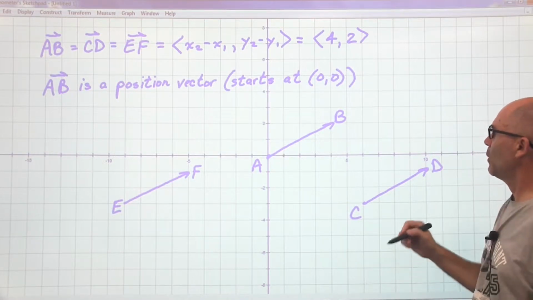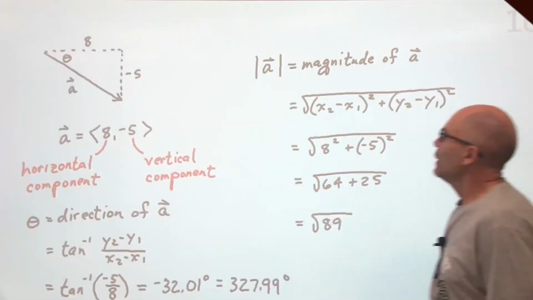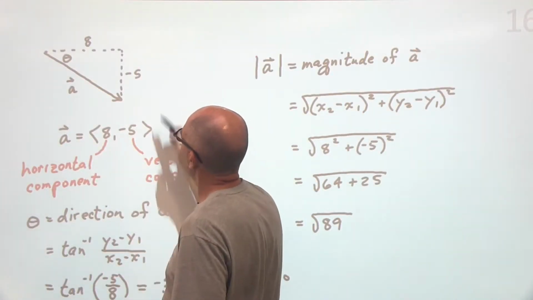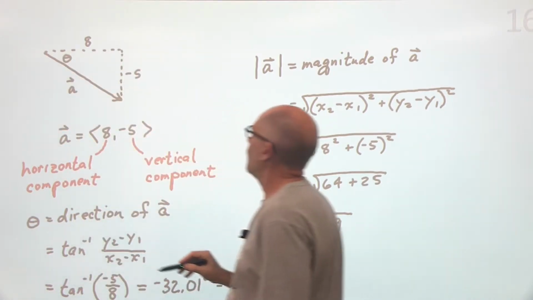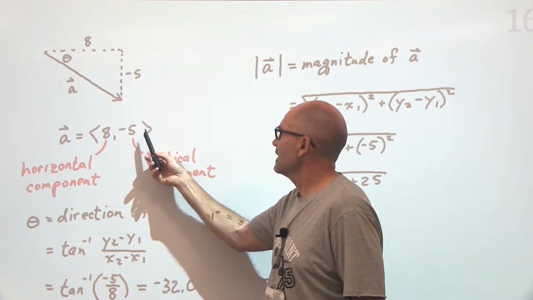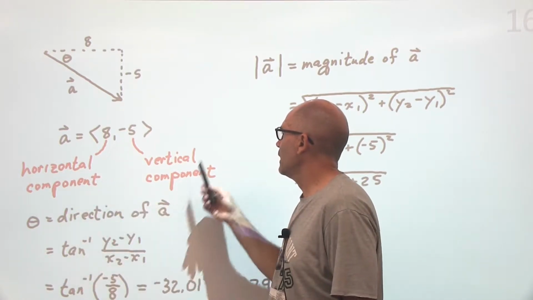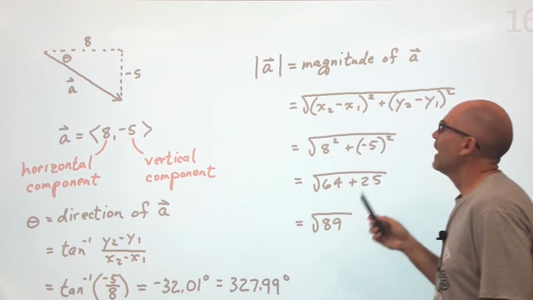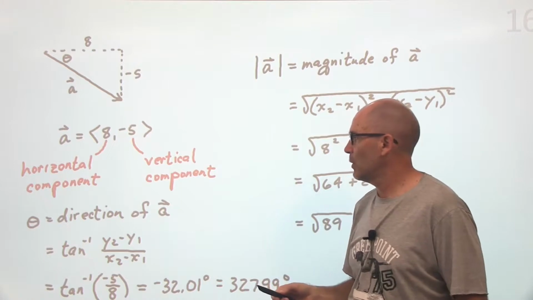Okay, so let's cruise onward. So here we have vector A. And notice vector A goes 8 right and 5 down. So that means the vector A is 8, -5. So the first number is the horizontal component, the second number is the vertical component. Now, theta is the direction of vector A. Remember, that's important.